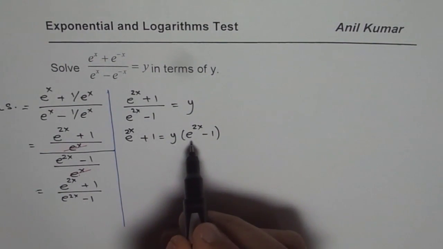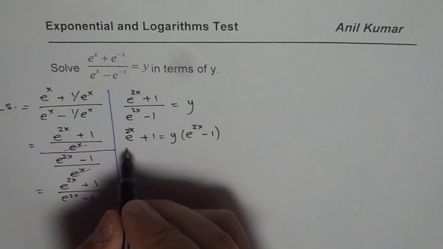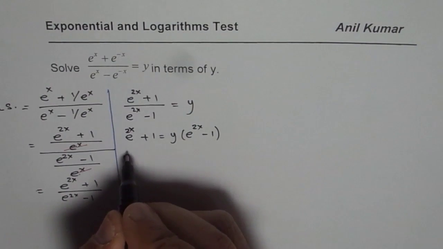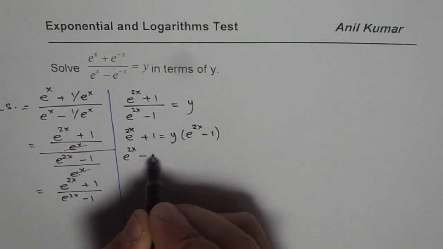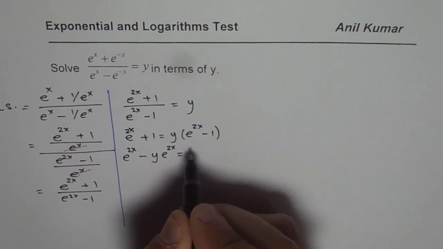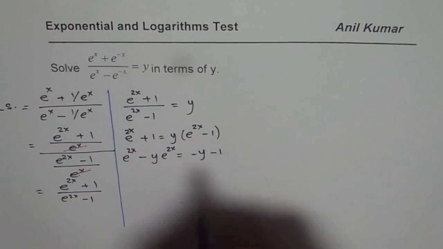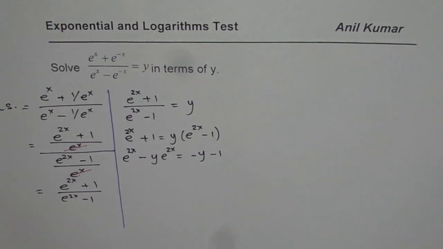Now I need to find what x is, so I'll bring the e terms together. I have e^(2x) minus y times e^(2x) equals, when I move the y term over, minus y, and this 1 I'm taking to the right side, so I get minus 1 there also, right?